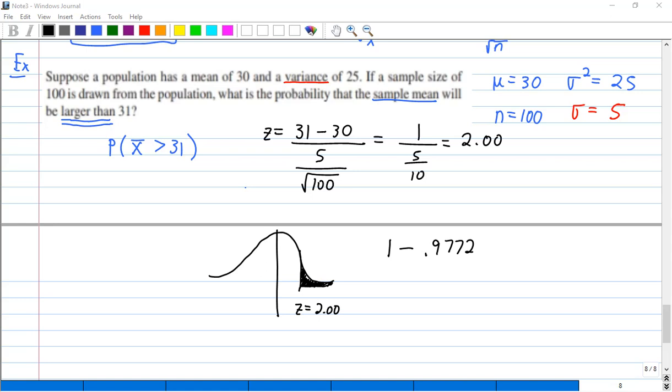Do that in the calculator, you'll get 0.0228. All right, so that's about a 2.28% chance that, and this problem doesn't have a lot of meaning to it because it didn't tell us what these values were, but that the sample mean will be larger than 31.